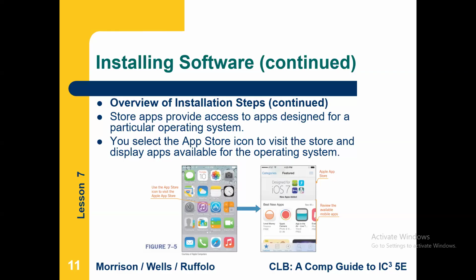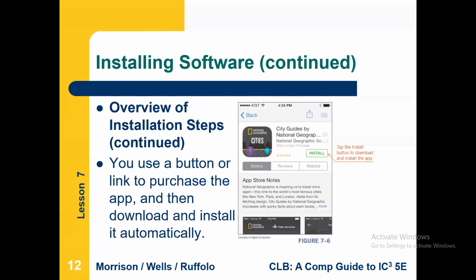Those of you who use Android, you go to the Play Store, and those who use iPhones or the Macintosh operating systems, you go to the Apple Store, and then you download the particular software that you are looking for. So these are the three ways that we use to distribute software.